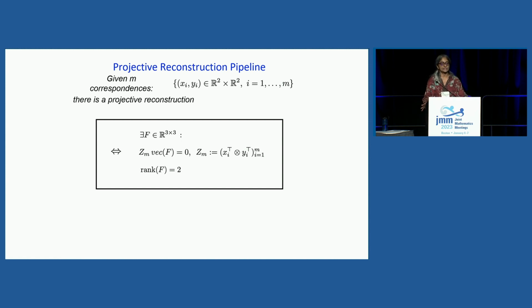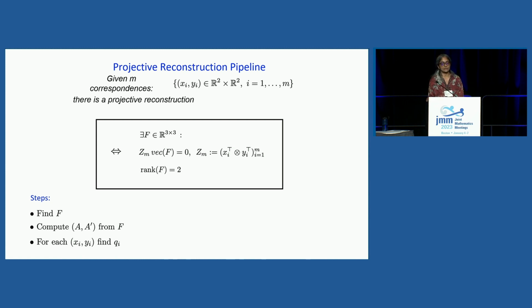So what I will do is I will pack these Kronecker product vectors into the rows of a matrix. Let's call it ZM. So this is now a M by 9 matrix. And I'm looking for something in its kernel, which will be the vectorization of F. If it has rank 2 and it's real, then we have a reconstruction. And then once you find F, the rest of the work is pretty easy. You find the cameras, you find the world points. I won't talk about that at all, but that work is fairly straightforward.